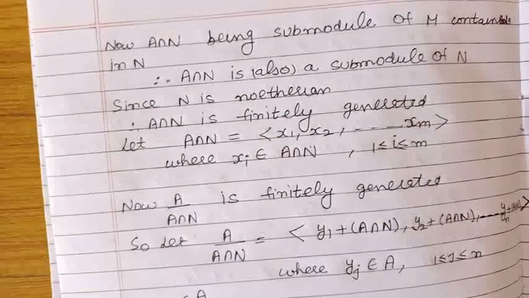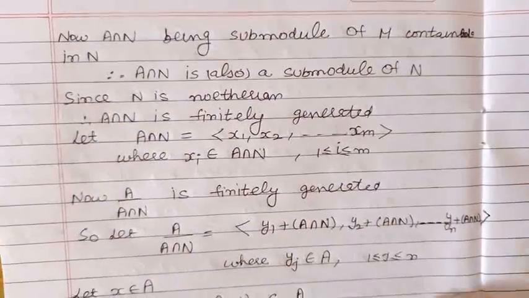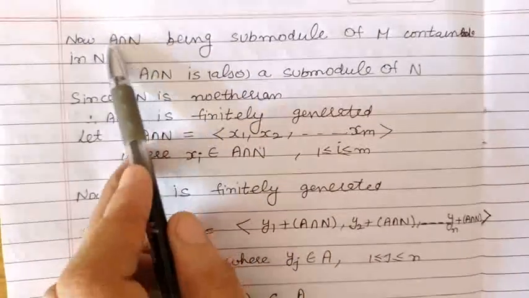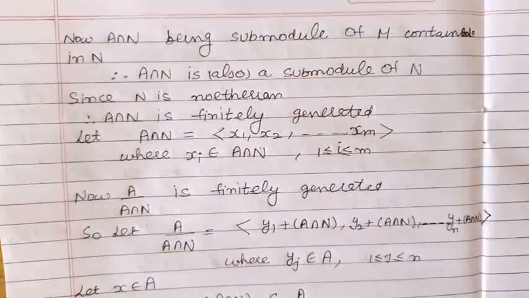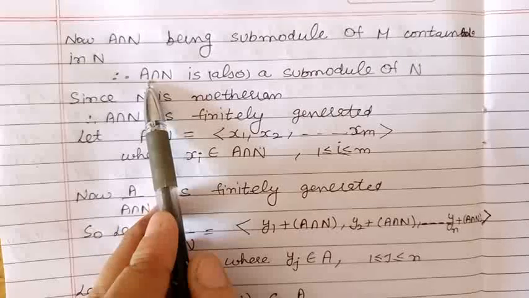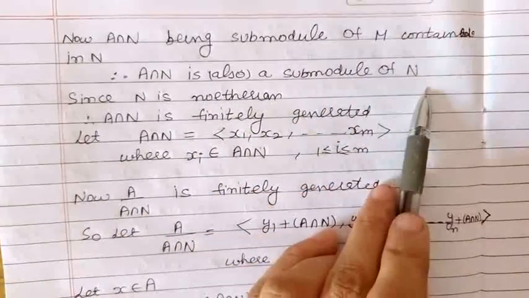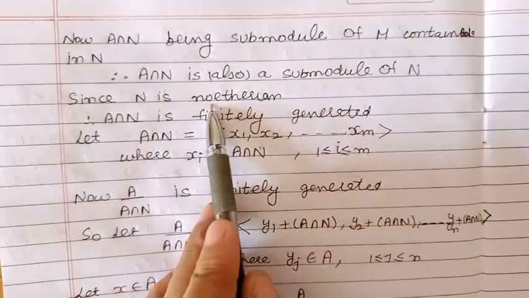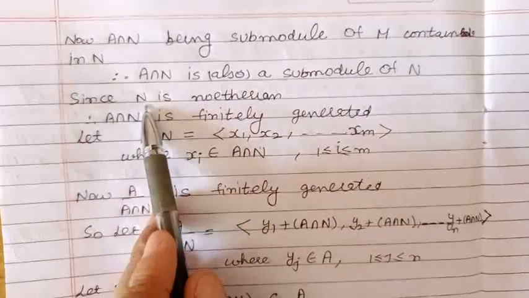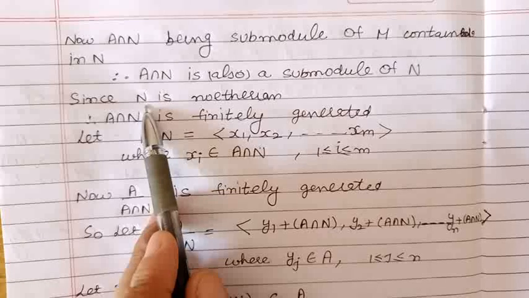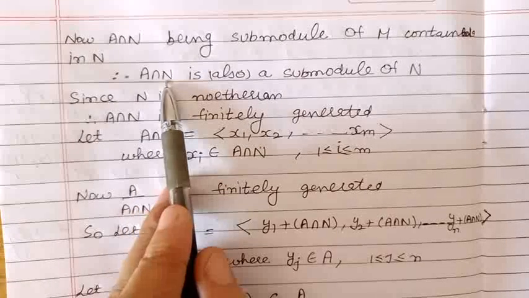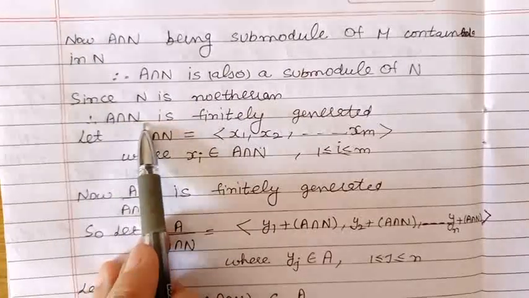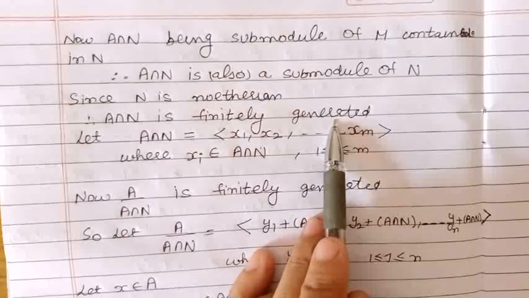Now A intersection N is a submodule of M, and it is also contained in N, and therefore A intersection N is a submodule of N. Now N is given to be noetherian, and therefore every submodule of N will be finitely generated, and A intersection N is a submodule of N, so we can say that A intersection N is finitely generated.